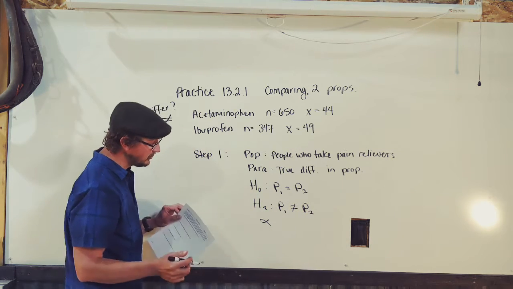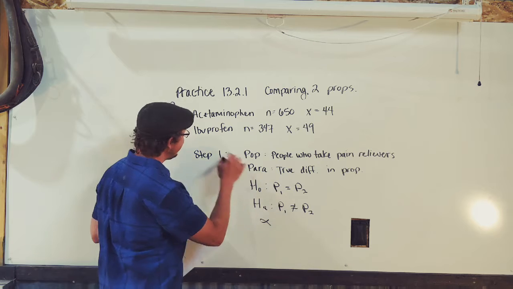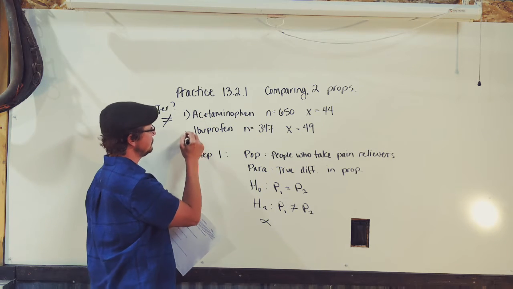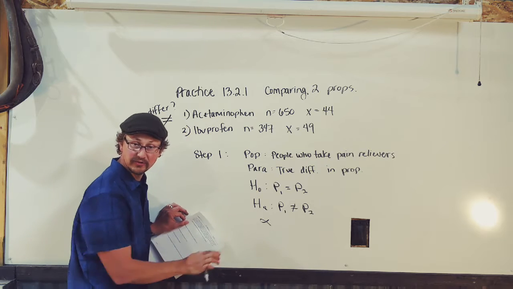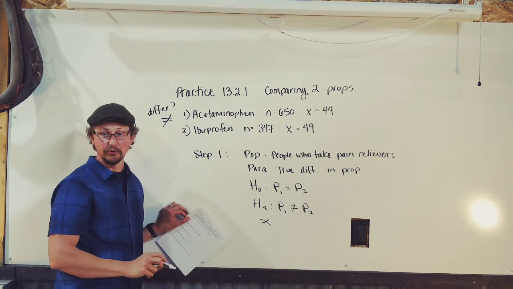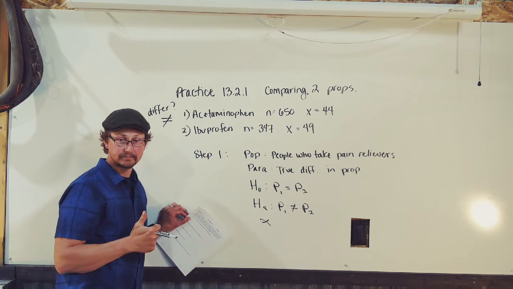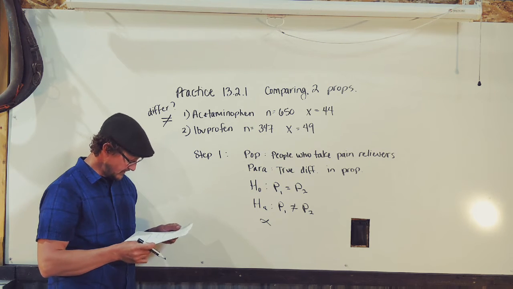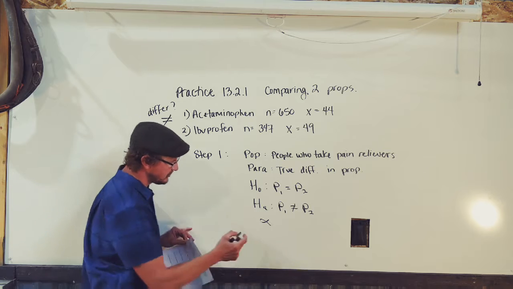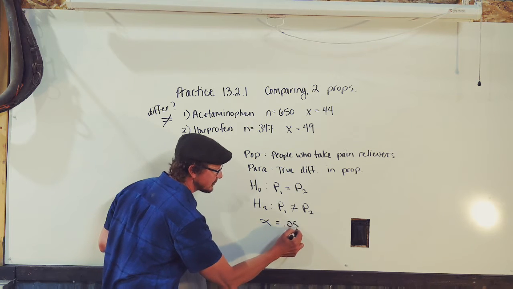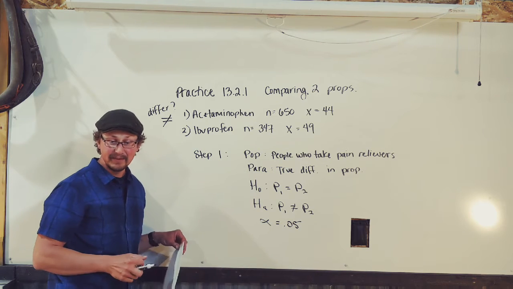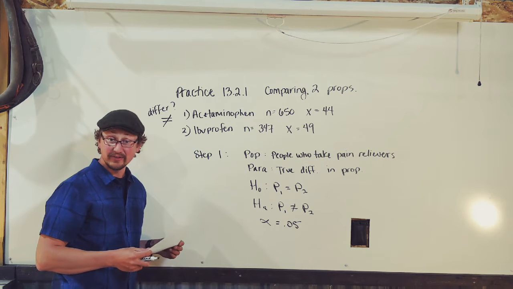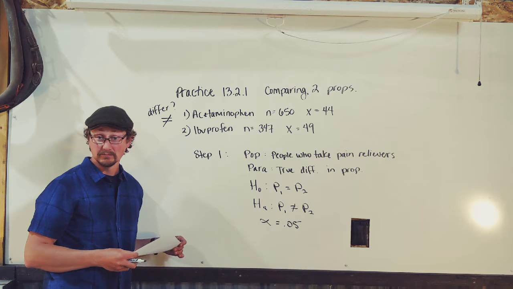And if you wanted to, you could say A and I instead of 1 and 2, but I'm just going to indicate that acetaminophen is 1 and ibuprofen is 2, and so I'm going to leave my little sub 1s and sub 2s there, if everyone's cool with that. And then it doesn't give me a significance level, so I'm just going to default to 0.05. Anything more rare than that is going to give me enough evidence to say, yeah, there definitely is a difference between the two.